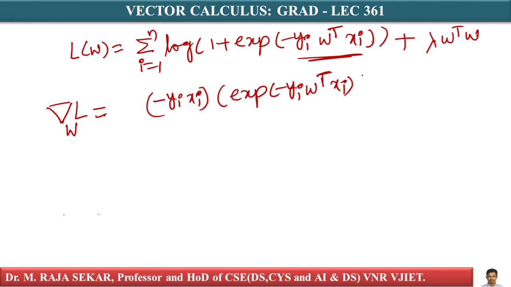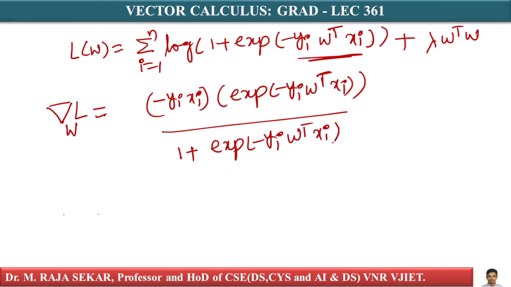Log x differentiation is 1 by x, therefore I get 1 over 1 plus exp of minus yi into w transpose xi. Plus, for lambda into w square, you will get lambda into 2w. This is vector differentiation.